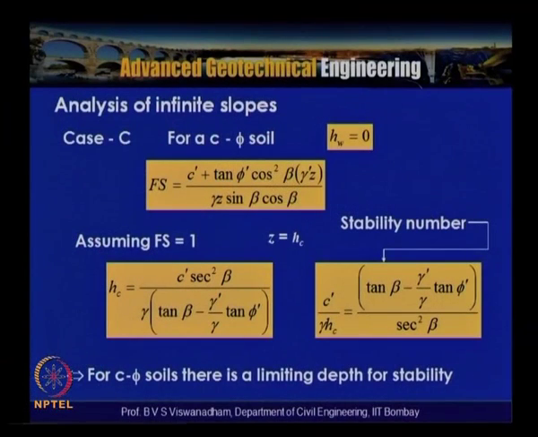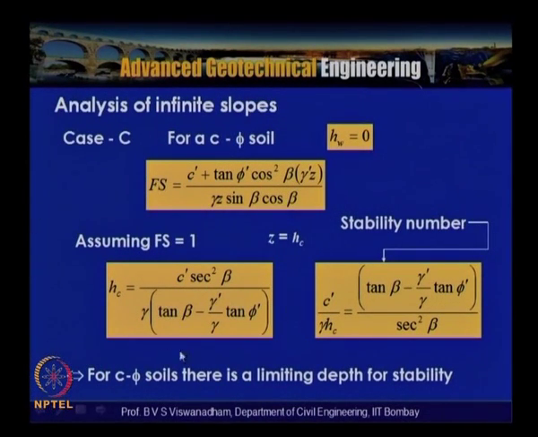Afterwards we considered 3 cases: case A, which is a dry slope; case B, a saturated cohesionless infinite slope; and case C, where a C phi soil is considered with a factor of safety equal to 1.